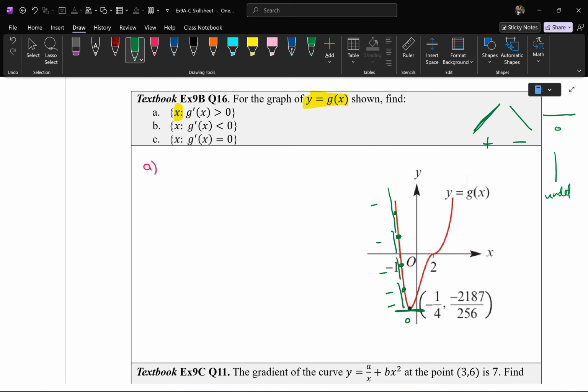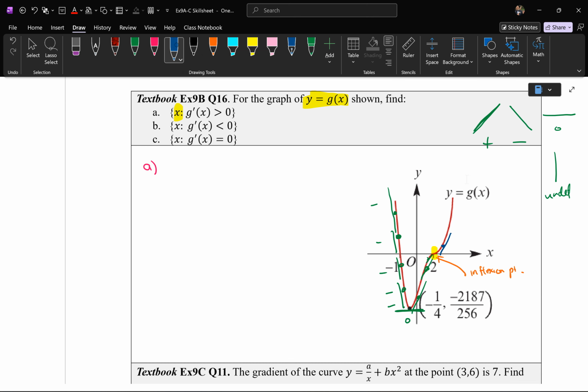But then afterwards, you draw a tangent, a straight line that touches the curve. What we don't know, though, is at this point at 2, is that an inflection point? Or whether it's getting close to 0 and it carries on. So that's one part that I don't think it actually defined for us, so we're not 100% sure. It should have.